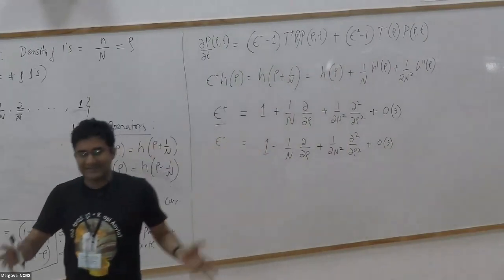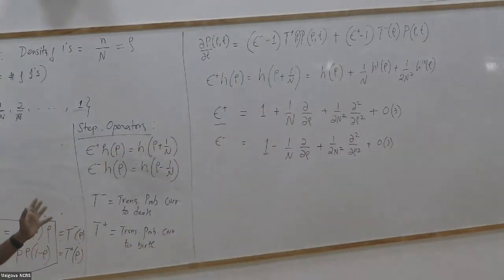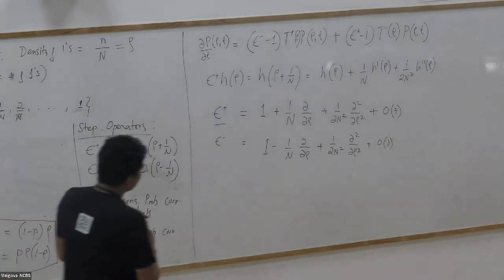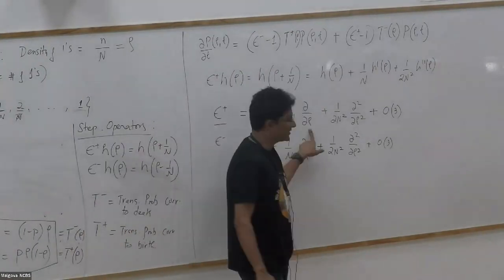I'm going to assume that this lattice is sufficiently large that I can do two things. That I can think of rho as a continuous variable.